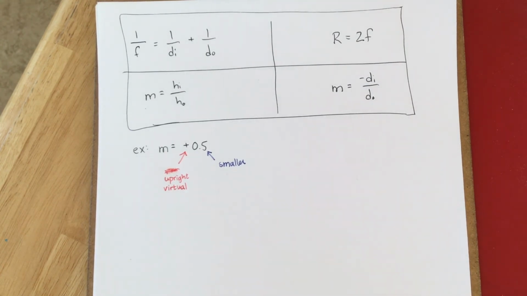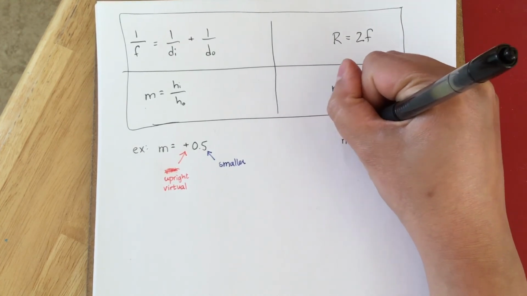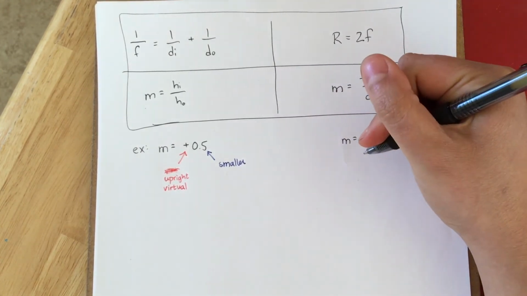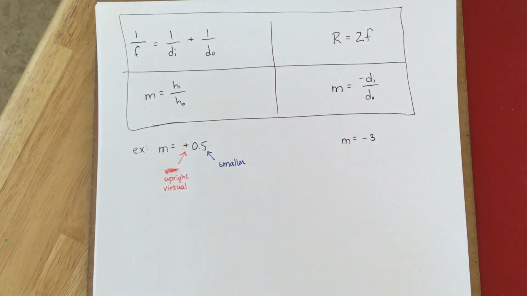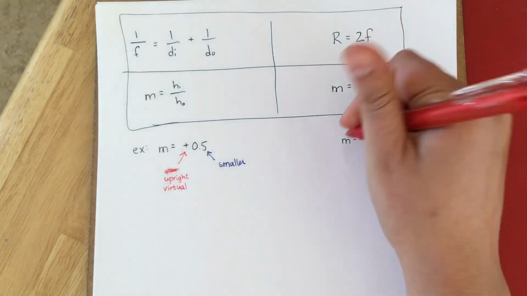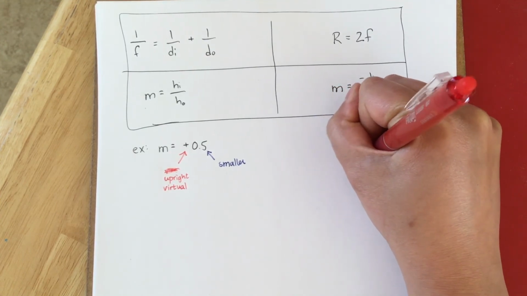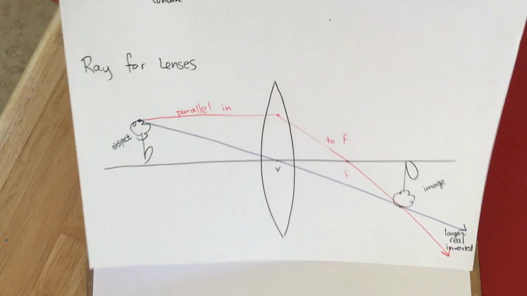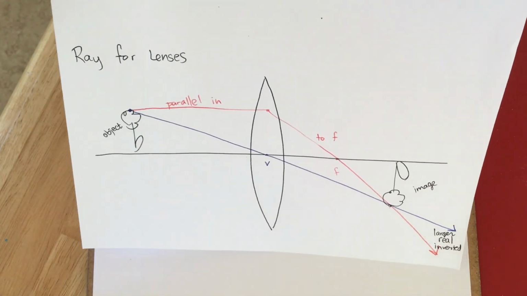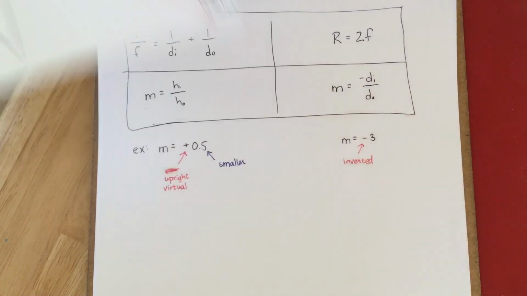Right? Let's do another one. Example 2. Let's say that m, and you guys had trouble on this on the homework, so I'm going to point this out. Let's say m is -3. Okay? That negative means the image is inverted. An inverted image is like this one, where the image and object are upside down from each other.